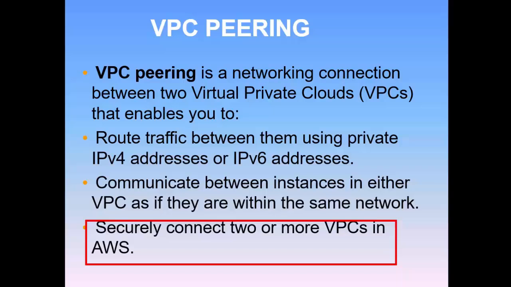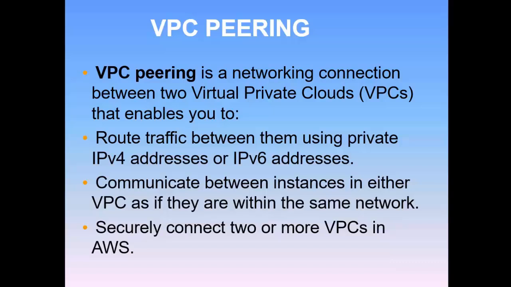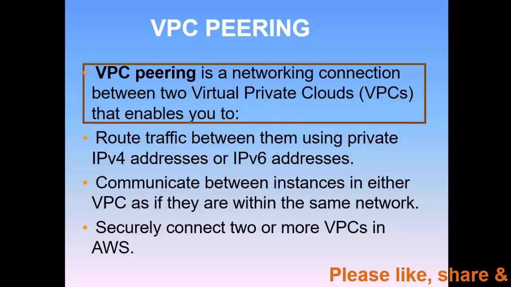So what happens is, it looks like they are in the same subnet. Two EC2s in different VPCs look like they are in the same VPC, same subnet. Okay, so this is the basic definition of VPC peering. Why do we do the VPC peering?